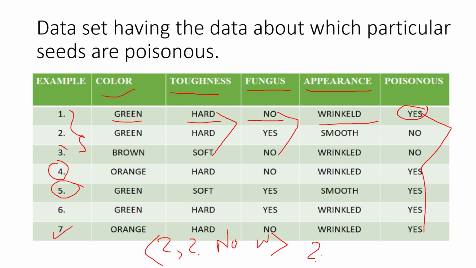So the second is also a question mark, and in this case it is yes, no changed to yes. So it can accept no as well as yes, so question mark. The last, wrinkled, is changed to smooth, so question mark. So already all the parameters are most general, so no need to go further. It will not change the hypothesis. That means these attributes can take any values, the most general case.